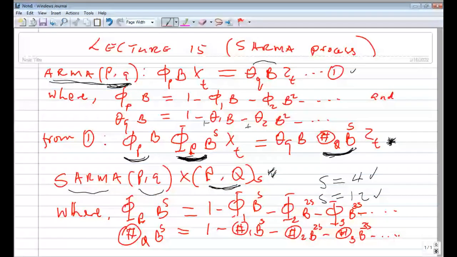And small q, which represents the order of a moving average in a non-seasonal part, is equal to 1, and the capital letter Q, which represents the order of a moving average in a seasonal part, is equal to 1, and our S is equal to 12. In other words, we are considering the monthly data here. So what are we going to get? Okay, let's apply that scenario.